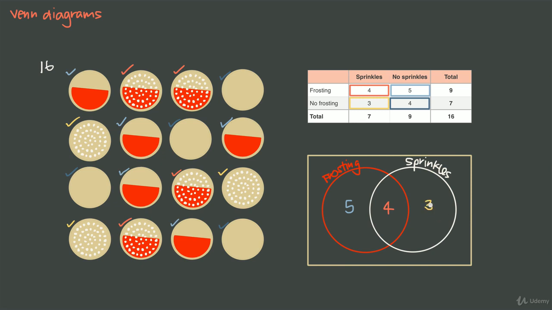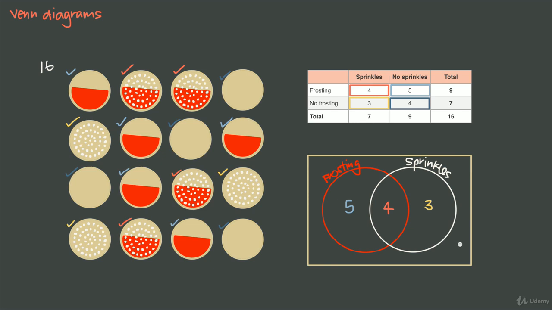And then the last piece of area in our Venn diagram is outside of both circles, just the area around the outside that's still inside of our rectangle, which remember is the universe of all of our cookies. So how many of our cookies do not have frosting, since we're not inside the frosting circle, and do not have sprinkles, since we're also outside the sprinkles circle?